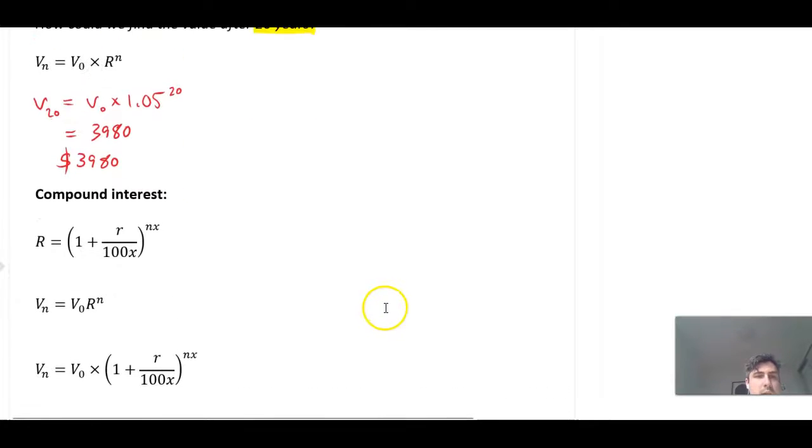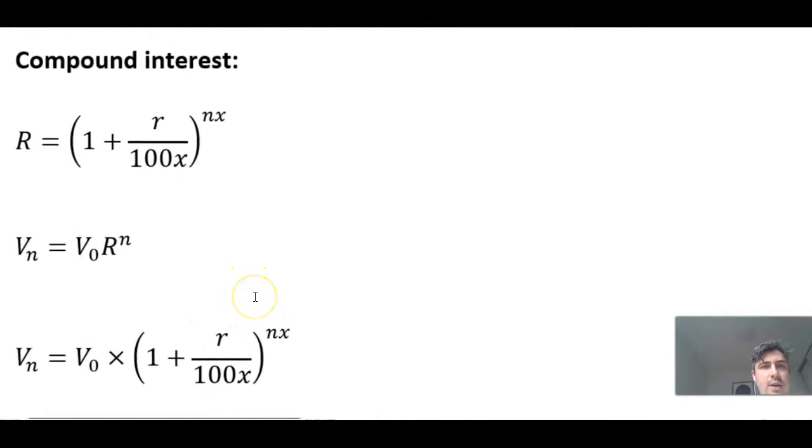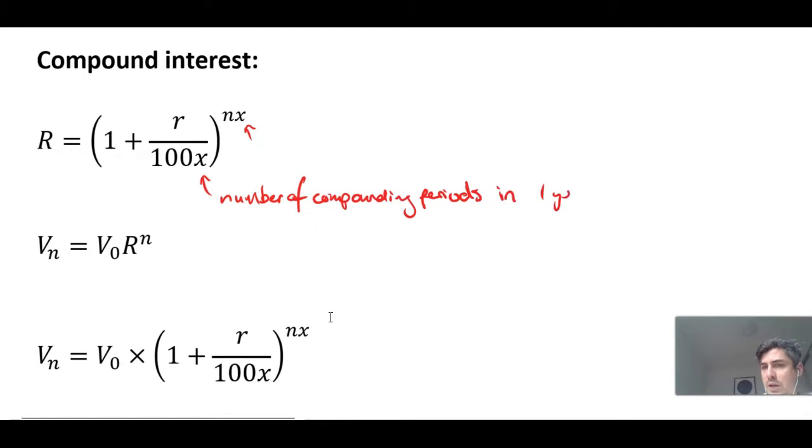This can be given a bit more detail if we look at the fact that there are different compounding periods. So r generally is 1 plus r over 100, but if we have different compounding periods in a year, we have to include this x term here. This is the number of compounding periods in 1 year.